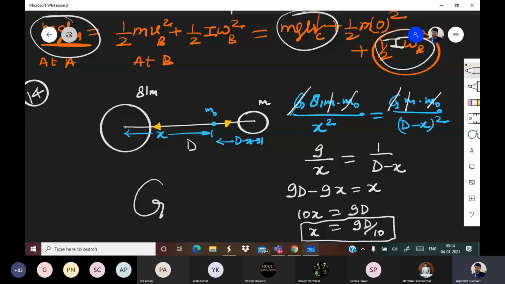The value of G only depends on the system of unit. If you change the system of unit, then its value will change. Otherwise, it is independent. That's why it is called universal gravitational constant. It does not depend on medium or place or anything else.